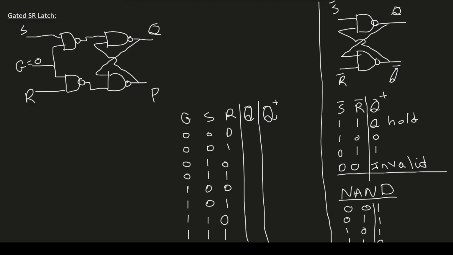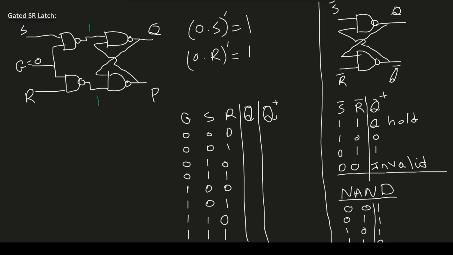So the top NAND gate has 0 NANDed with S, and this will give us 1. And then the bottom NAND gate, same idea. We have 0 NANDed with R, so 0 NANDed with R prime. So this will give us 0 NANDed with anything, the output is 1. So here we have the output is 1, and at the top here we have the output is 1.